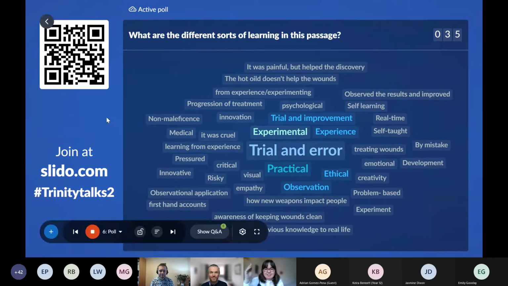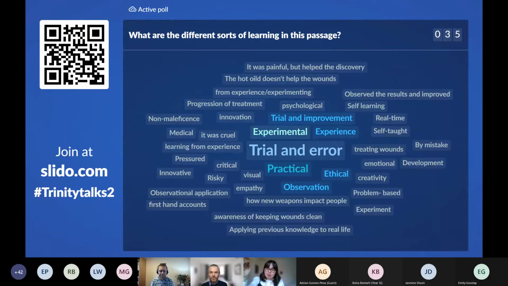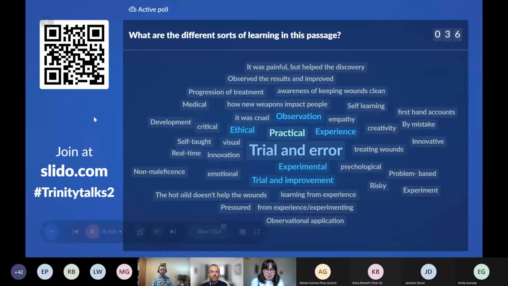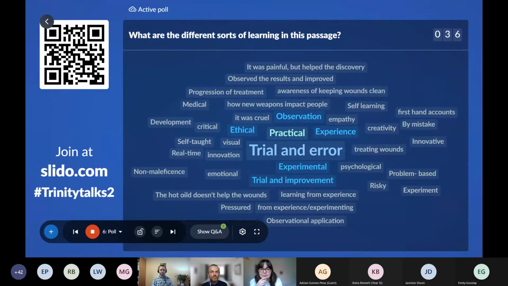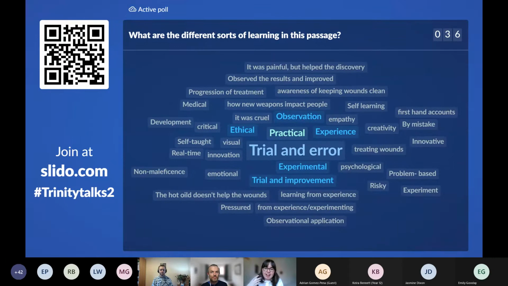So what we get is a narrative of different methods of learning. He reads in the book what he thinks he should do. He watches the other surgeons to see what they do and if that works. And then when he has to be innovative, it's a great word that someone's used there, and has to be practical and experimental, that's when he introduces his own version of the cure, and is able to very happily realise that what he's doing is right.